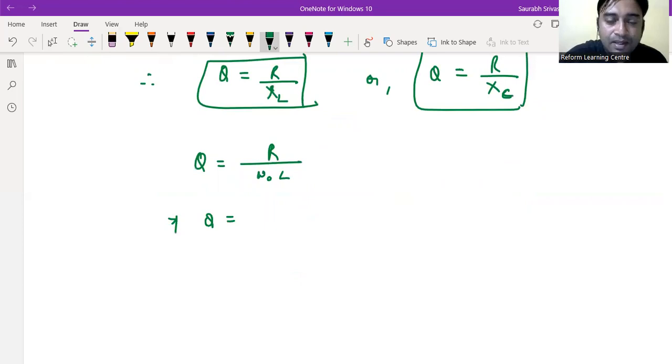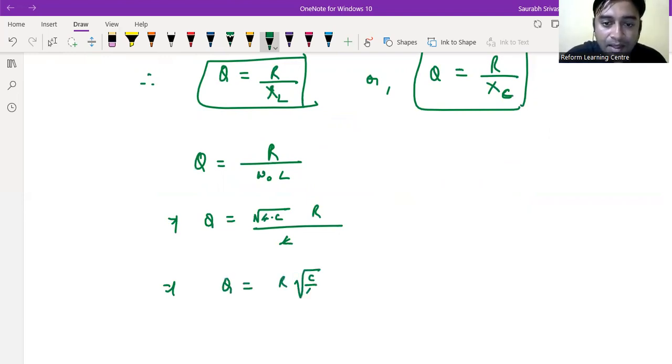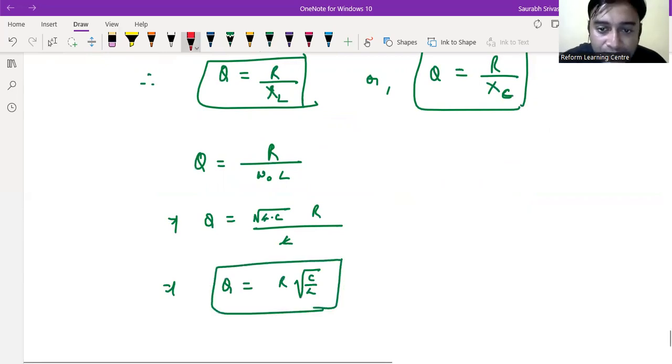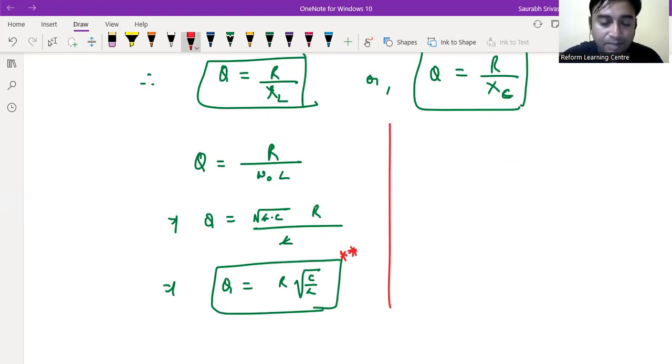It's 1 upon under root LC. It will be under root LC in numerator R upon L. L and L again cancelled out. This Q will be equal to R under root C by L. Again, important relation. Okay, direct objective question. Quality factor of series RLC circuit is, sorry, parallel RLC circuit is R under root C by L. यहाँ से भी आपको सेम रिजल्ट मिलेगा.